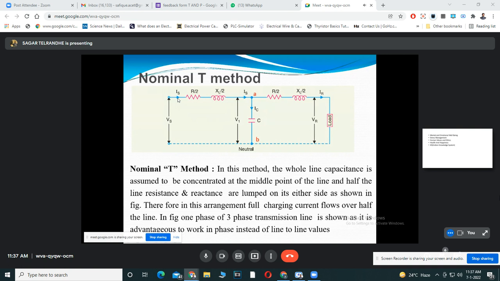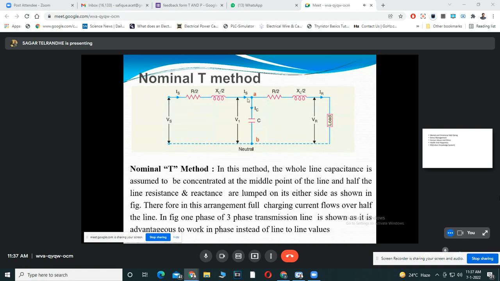That means it is the sending end of the transmission line. Also, we have shown dotted lines, which is nothing but the neutral conductor. As I have stated earlier, the whole capacitance of the transmission line is lumped right in the center of the transmission line.